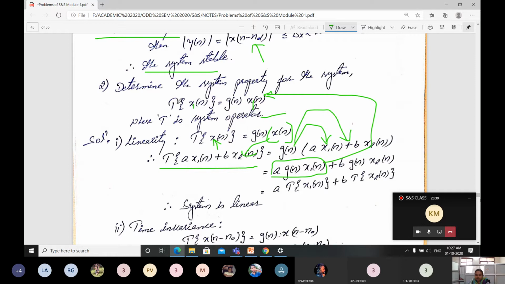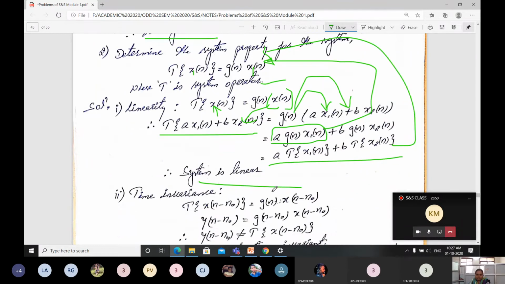For that reason, instead of writing g of n x1 of n, I can write a into T of x1 of n, and in the same way plus b T of x2 of n. It's simple, just remember you have to substitute here, and you will get the equation. Therefore the system is linear.